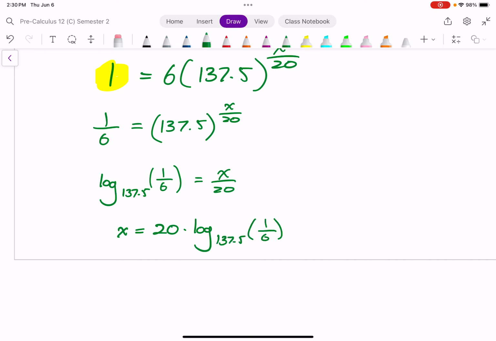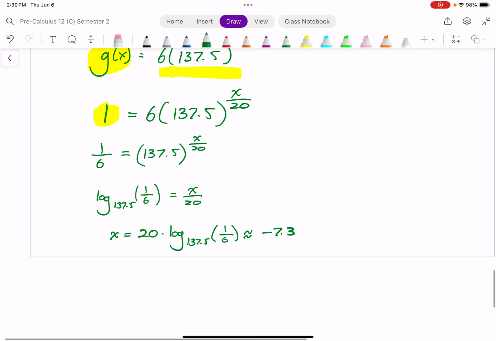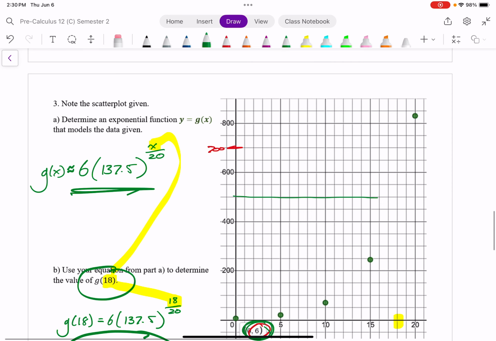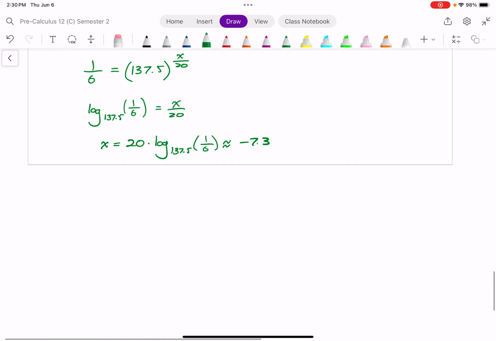Now it's just a matter of calculator work, and you should get approximately negative 7.3. And again, even if you use a different exponential model for the data, you should get an answer extremely close to this. I say extremely close because the value of 825 up here that I used isn't exactly that, but there's a very, very small range of answers that would be correct.